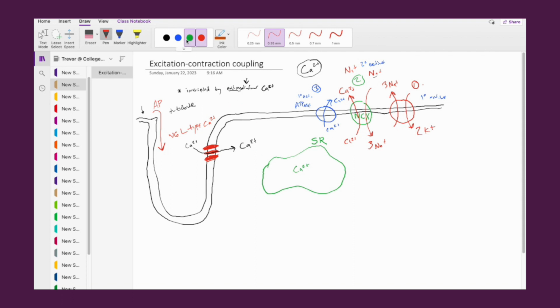Well, upon that sarcoplasmic reticulum, remember, we have a certain receptor, and that is called the ryanodine receptor, RyR. So calcium goes and binds the ryanodine receptor, and that allows for release of calcium from the sarcoplasmic reticulum.